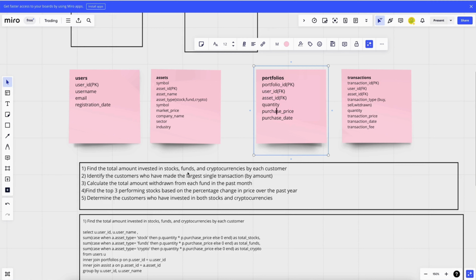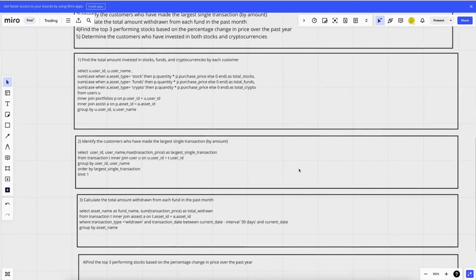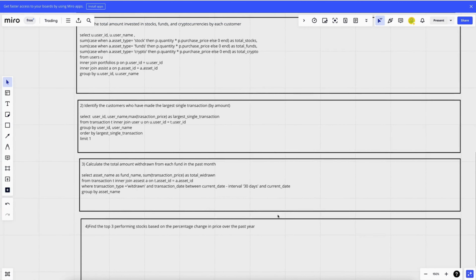It's not on the user level, it's on the entire portfolio level. So for the entire portfolio, for all the assets, what will be the top three performing assets? So let's start with select asset ID.